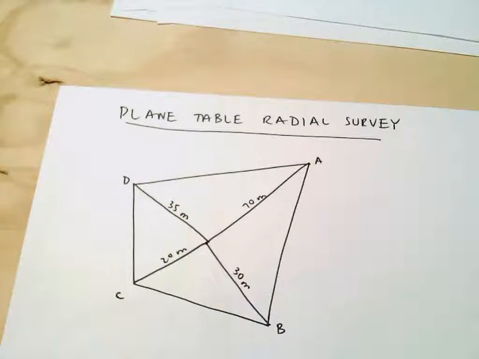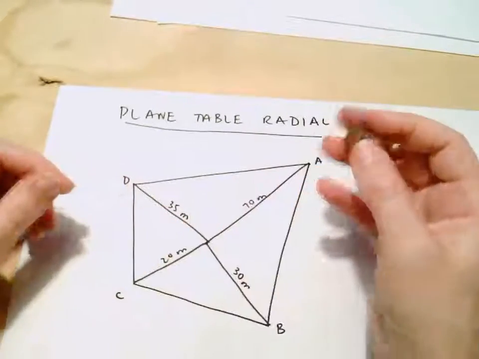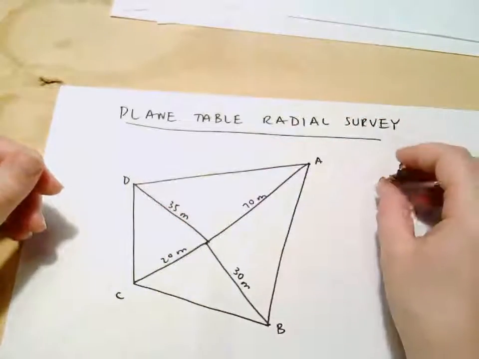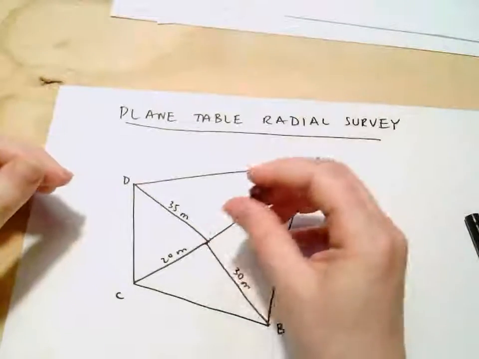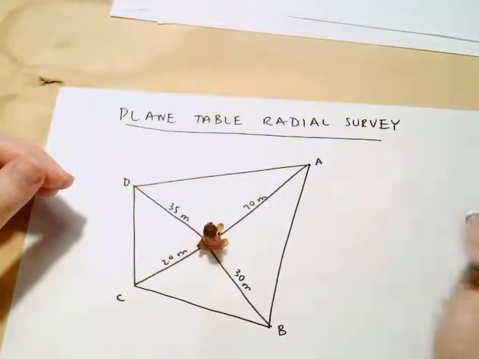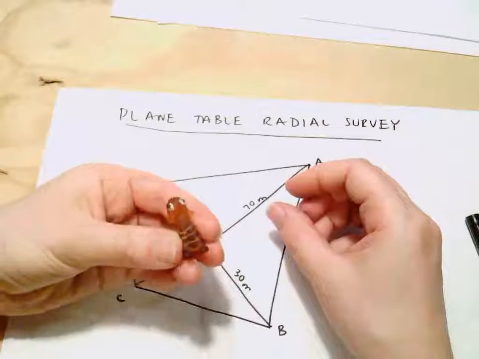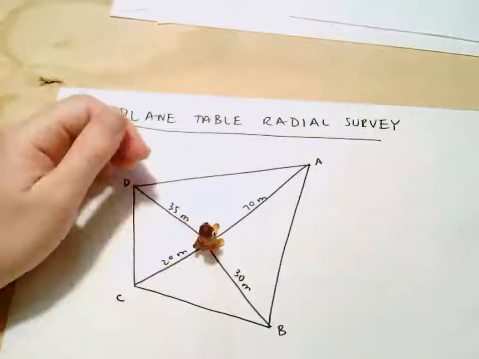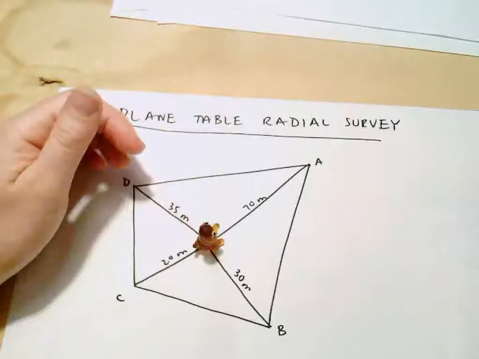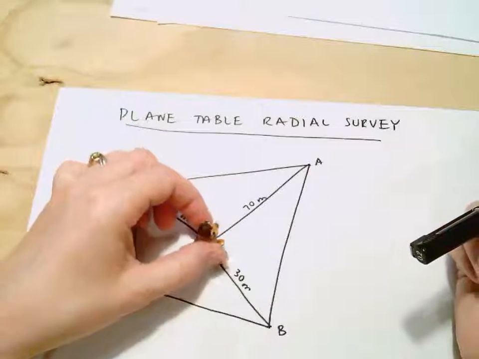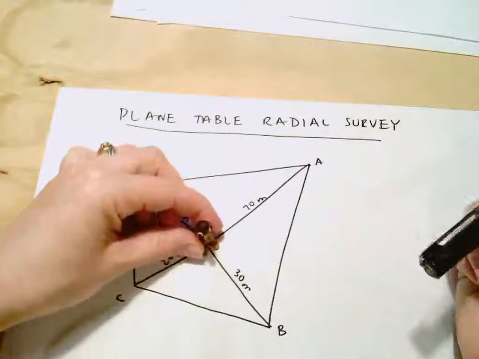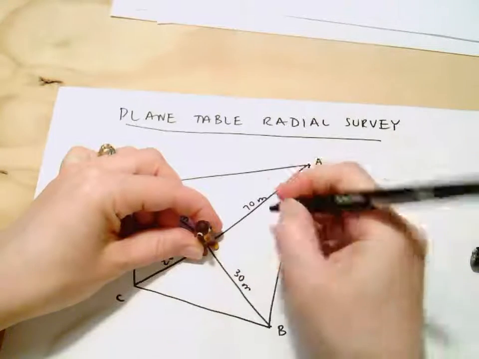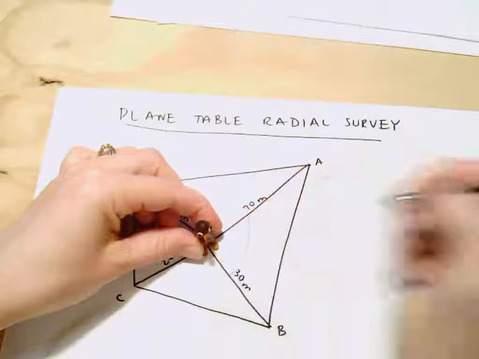The second thing that you need to do in the plane table radial survey is mark on the angles in the centre. You imagine yourself facing a corner. We'll use this little guy again, Wolf or whatever we called him. We imagine that he's facing one of those corners, and he turns his body so that he faces the other corner, and he measures the angle that he turns through.